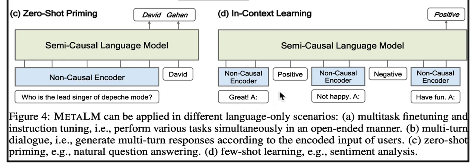Great is positive, not happy is negative. Now, model, can you tell if have fun is positive or negative? The model can tell you it's positive. Great, positive, not happy, negative, those are the samples we show the model. After being given those two examples, the model was able to predict have fun, positive. That is few shot learning.